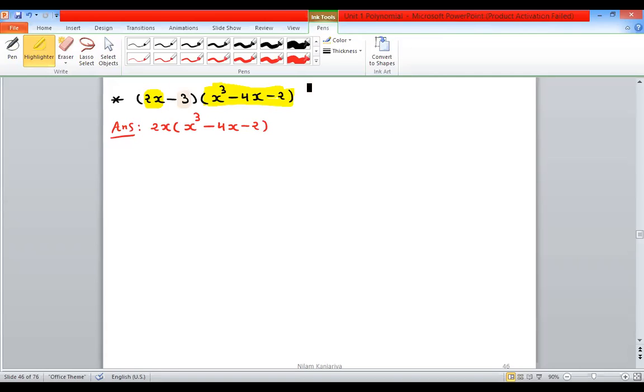Now this minus 3 again multiplies this bracket. So what happened here? Minus 3 multiplied by this bracket, and it is written this way. Now I want to open this bracket. So 2x is multiplied by each and every term of the bracket and minus 3 again multiplies this bracket.